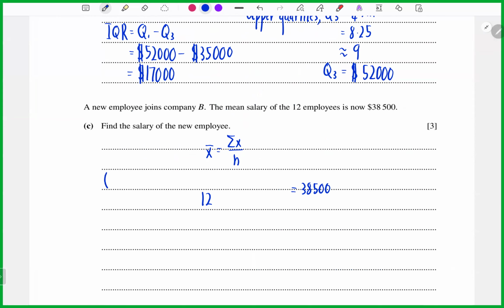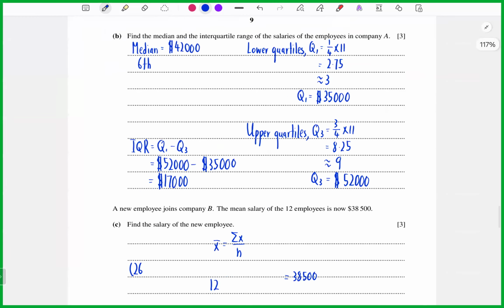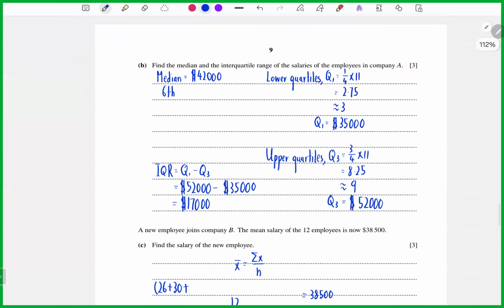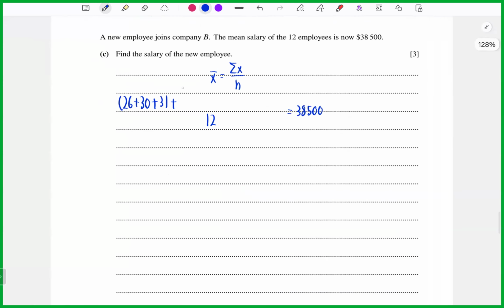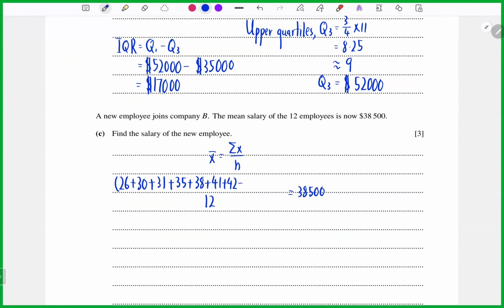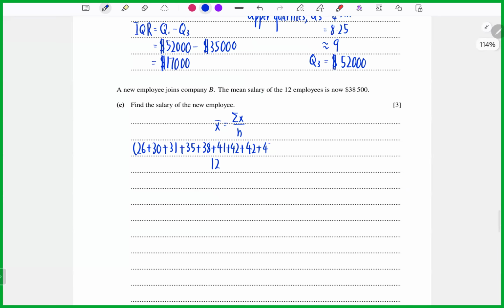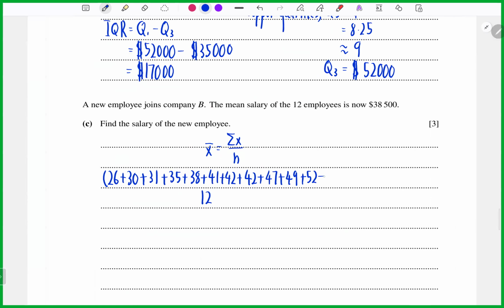Okay, so we just take 26 plus 13 plus 13 plus 31 plus 35, 38, and then plus 41, 42. 41 plus 42 plus 42 plus 47, 49, plus 49 plus 52, 52 plus n.